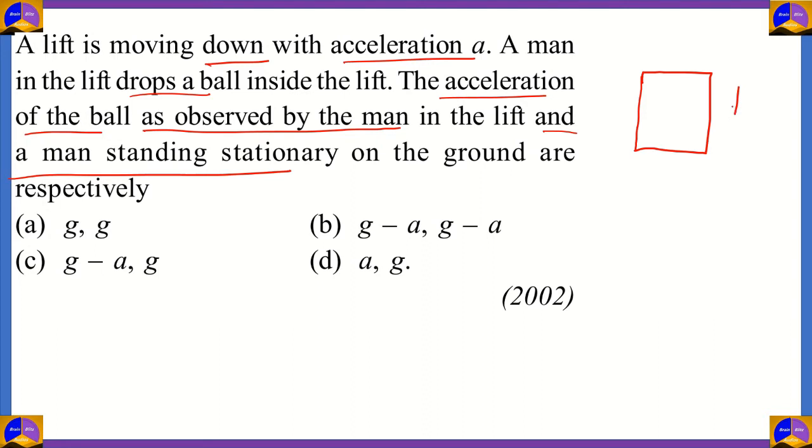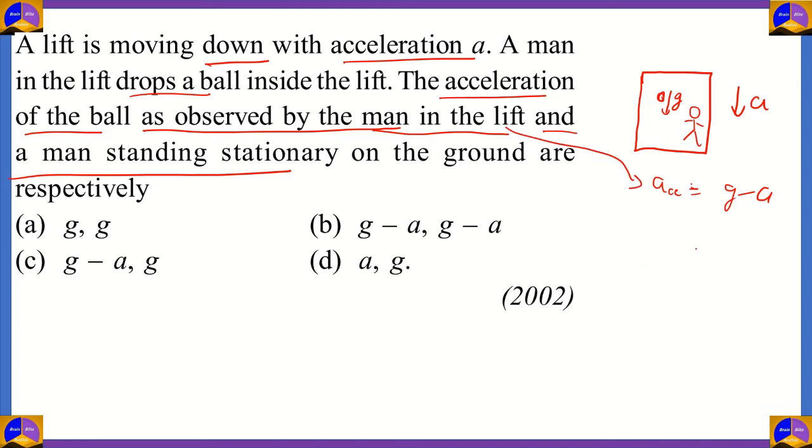In this case, the lift is moving with an acceleration A, and it has a man inside, and he drops a ball, and this ball is moving with acceleration due to gravity, that is G. But since the man is also moving with an acceleration A, to him the acceleration will be G minus A, because you have to subtract that from the acceleration due to gravity. So the acceleration observed by the man in the lift is G minus A.